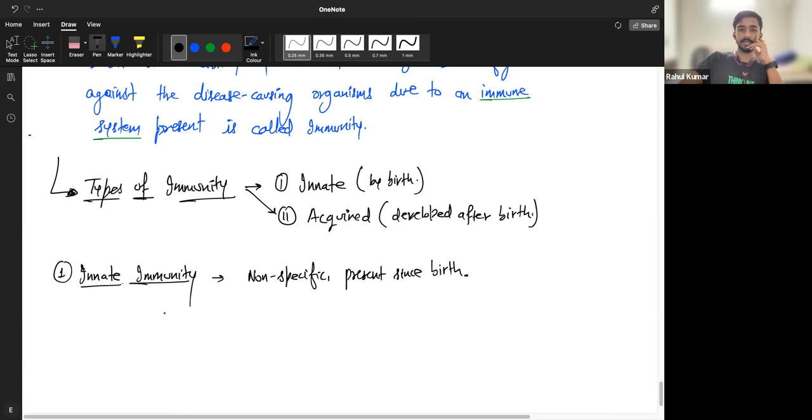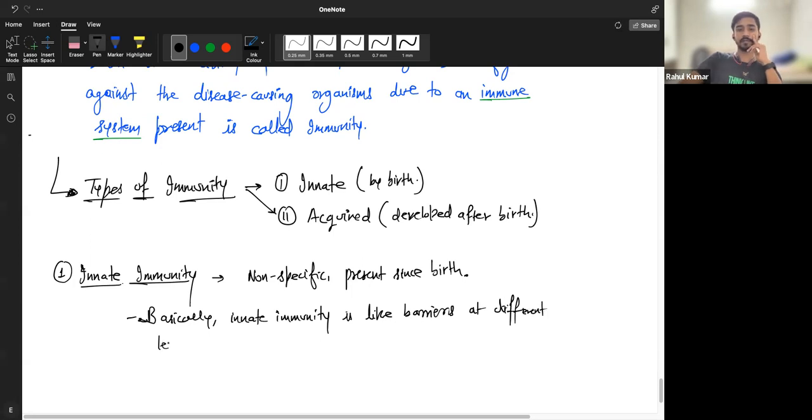And basically, innate immunity is like a barrier, barriers at different levels in our body.